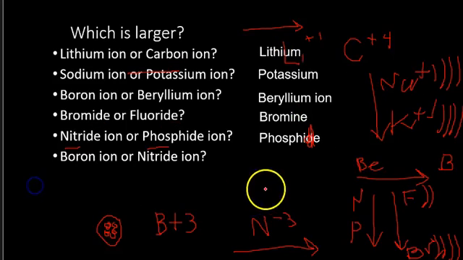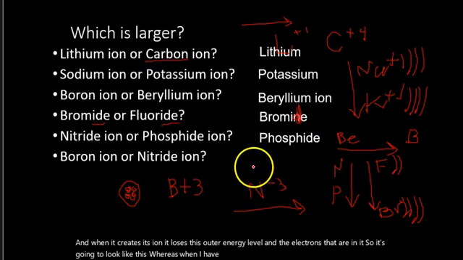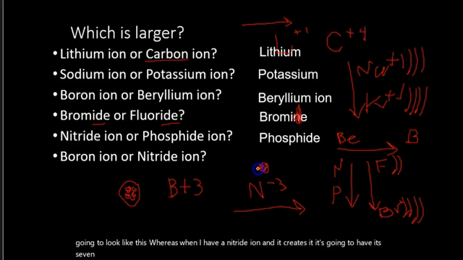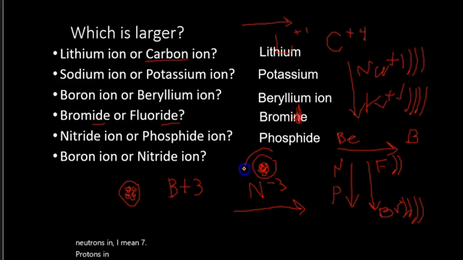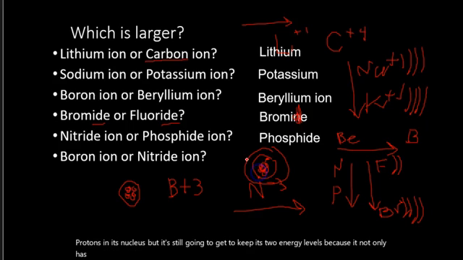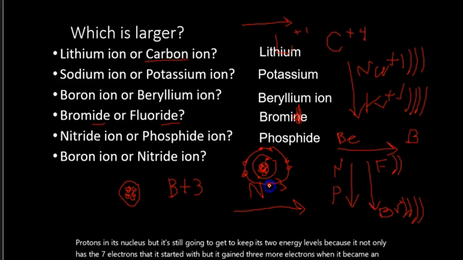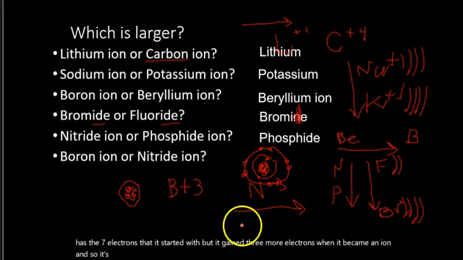Whereas when I have a nitride ion, it's going to have its 7 protons in its nucleus, but it's still going to keep its 2 energy levels because it not only has the 7 electrons that it started with, but it gained 3 more electrons when it became an ion, and so it's not losing any energy levels.